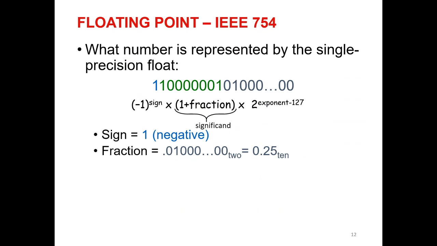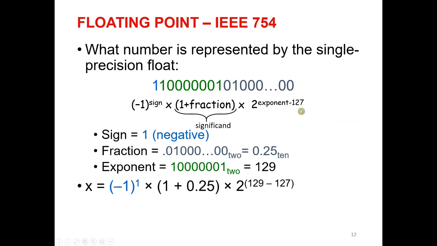Now we have the sign, we have the fraction, and now the exponent. The exponent we have here in green color, we just convert this to decimal, and then remember that it's a biased exponent. So we need to subtract the bias from this exponent in order to have the actual exponent.